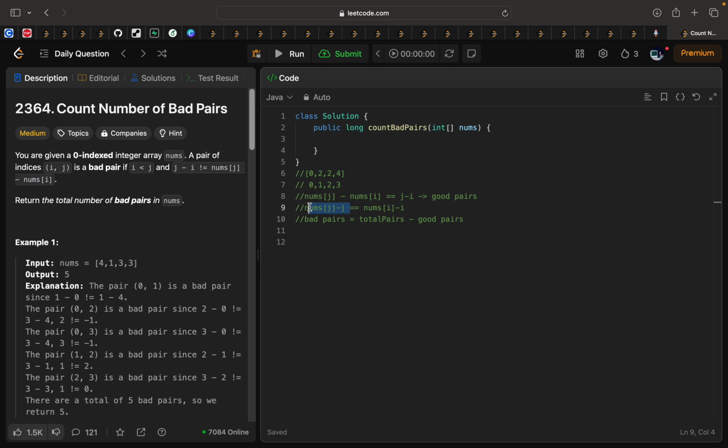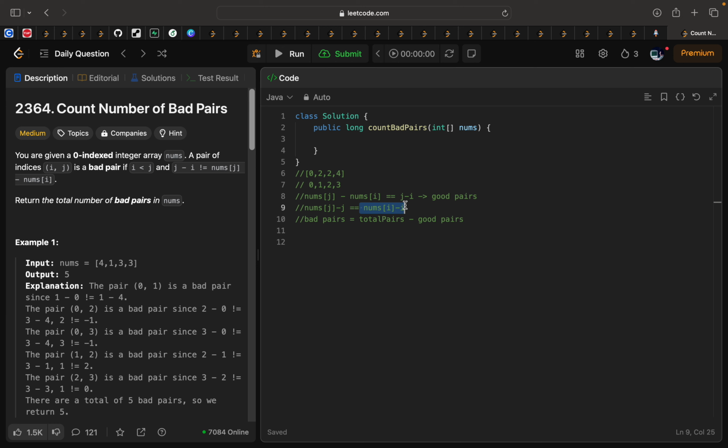Okay, this means the number present at the j position minus the index of that position, which is 4 minus 3, 1, should be equal to the number present here minus its index, 2 minus 1, 1, so both will be 1. So basically for a good pair these two differences should be the same.